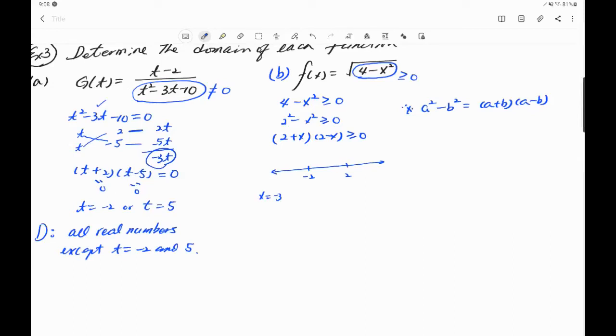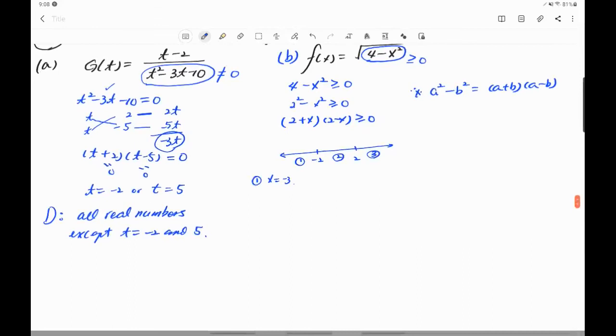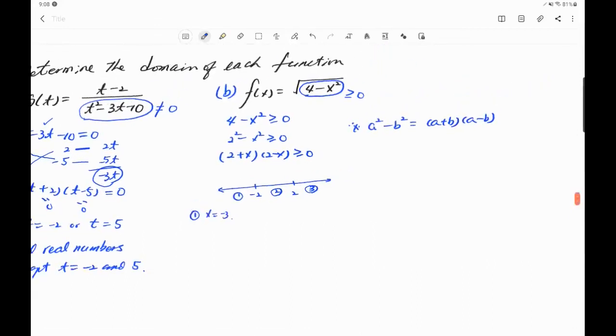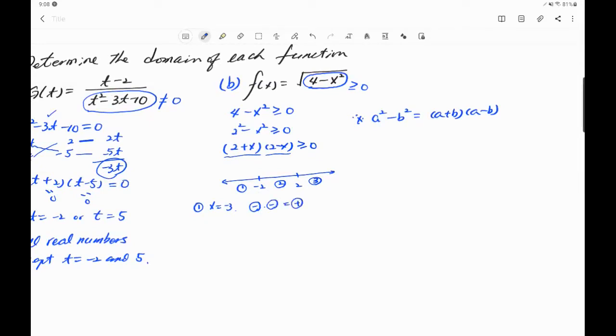This is interval 1, interval 2, interval 3. For each interval, let's find out whether y is positive or negative. If x is negative 3, then the first factor is positive and the second factor is negative, and the result is positive.